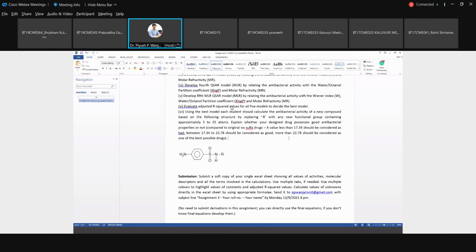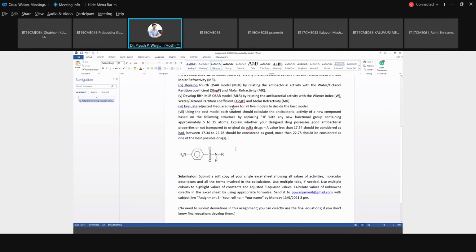But here we will trust the values you have from the experiments, the activity values, and the descriptors I have given you. Even though artificial intelligence studies might tell you that these are the good descriptors, here we are assuming that these are the good molecular descriptors.